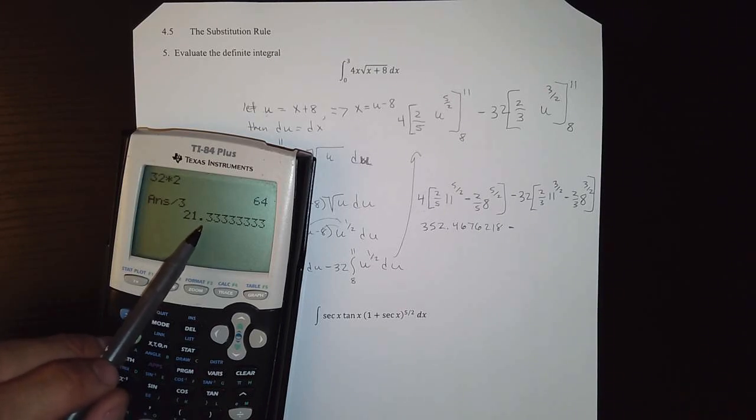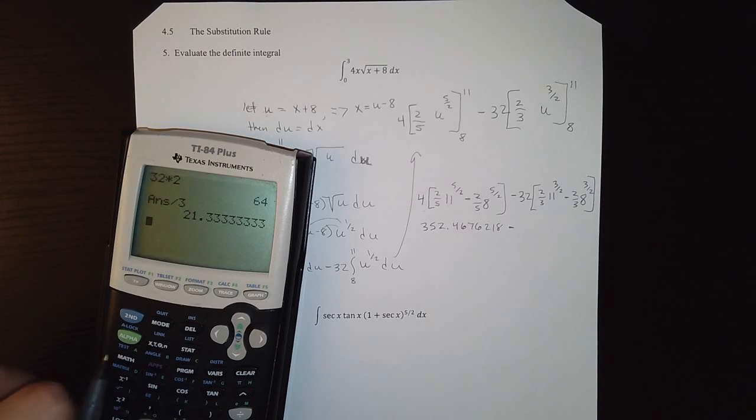Now I take this number, I take my answer, and I'm going to multiply by the quantity 11 to the power of 3/2 minus 8 to the power of 3/2.